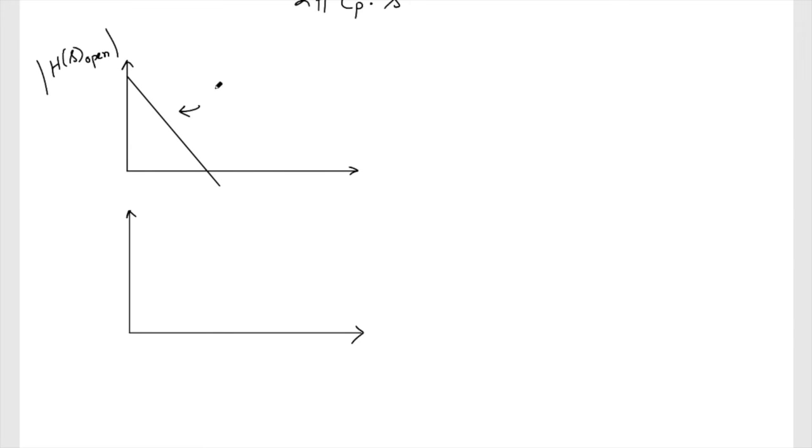There will be a roll off of minus 40 dB per decade. And the phase is going to be minus 180 degree, because it's a two pole, right? The two poles are going to lag the phase by minus 180 degree. So this is my H(s) open, the angle of it.